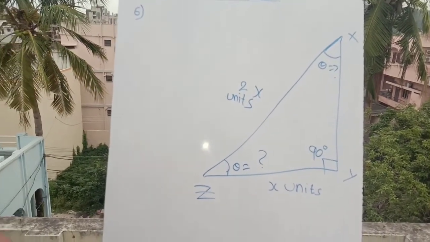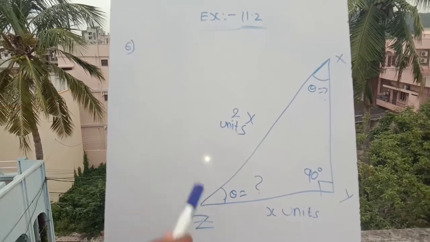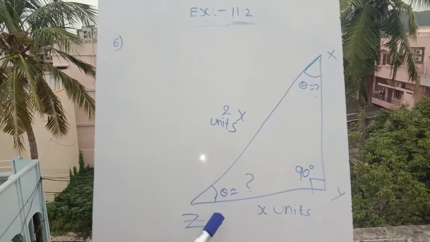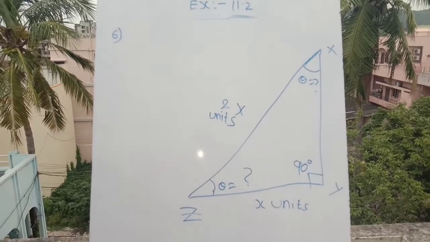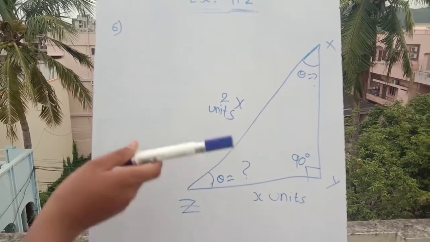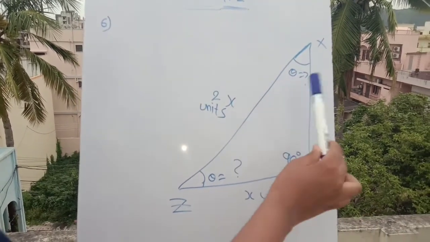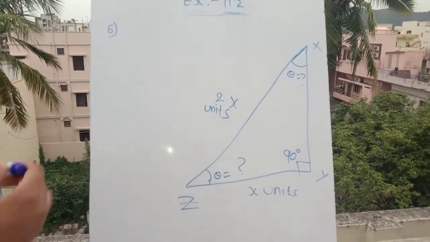So in order to find these angles, we have to calculate. For this angle, we will use this adjacent side and this hypotenuse. For the other angle, this is the opposite side, and this is the hypotenuse.